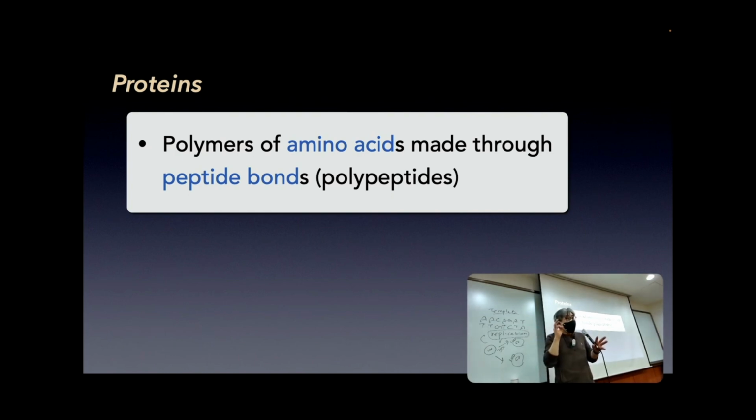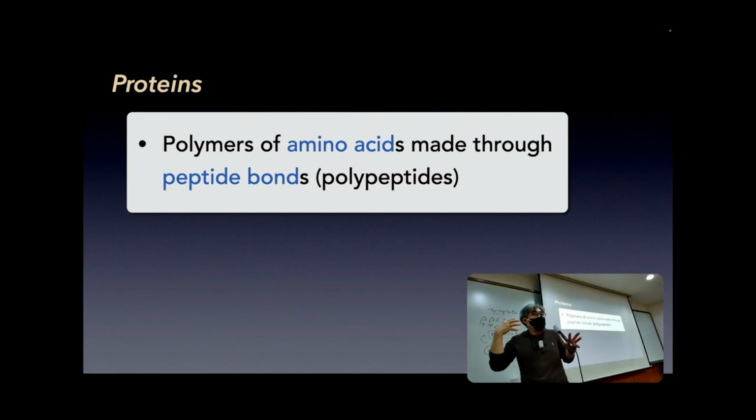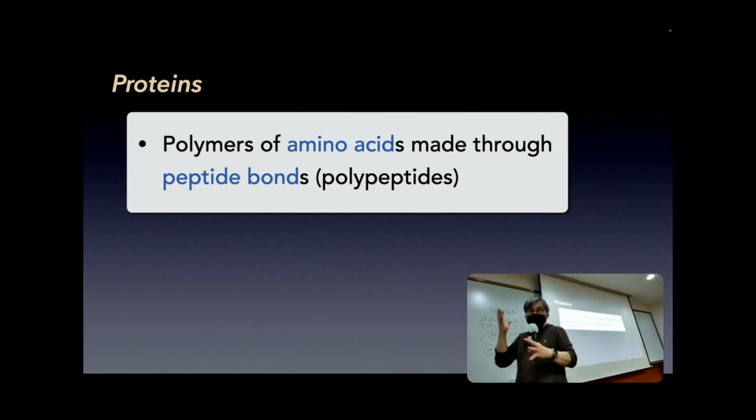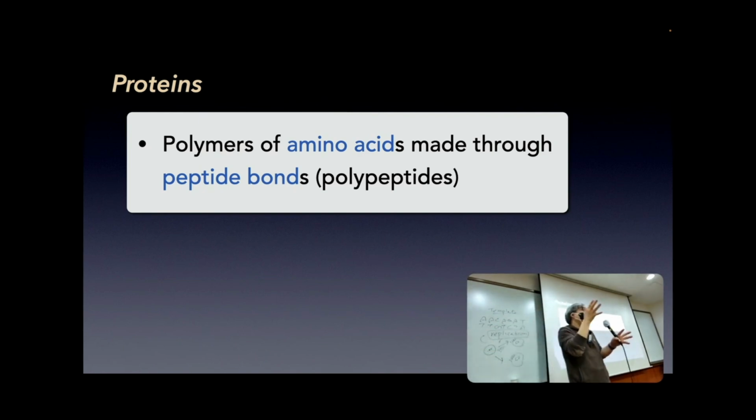So to build up these different polymers, these macromolecules, every one of these chemical reactions will be non-spontaneous. That means you need to provide some energy. What kind of energy? In what form can you bring it?